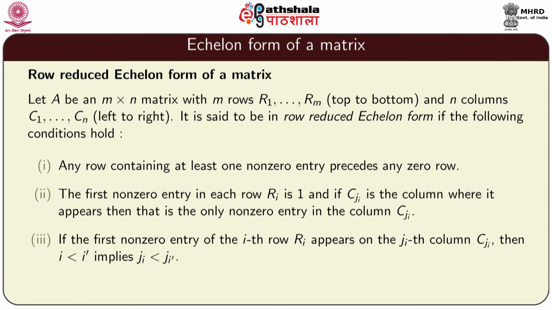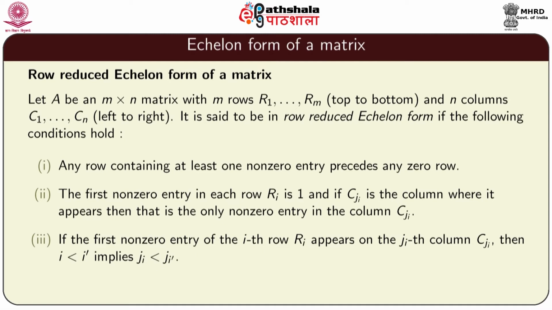If you actually look at the picture, then you will understand it is somewhat like an upper triangular form where the lower half is filled with zeros and the first non-zero entries appearing in the non-zero rows are 1, and then those columns where the ones are placed, they are the only non-zero entries in those columns, and then on the right hand sides of these ones you have possibly non-zero entries.